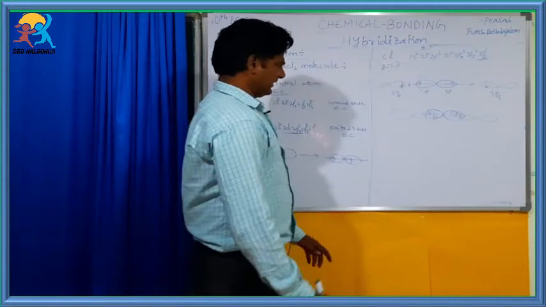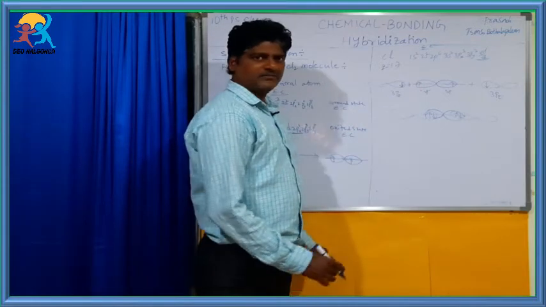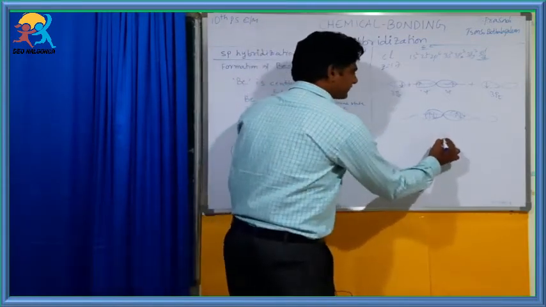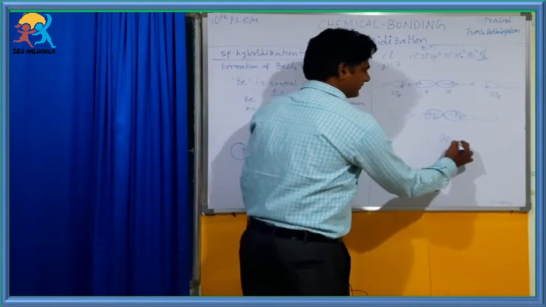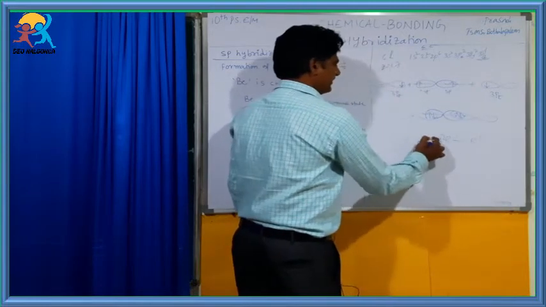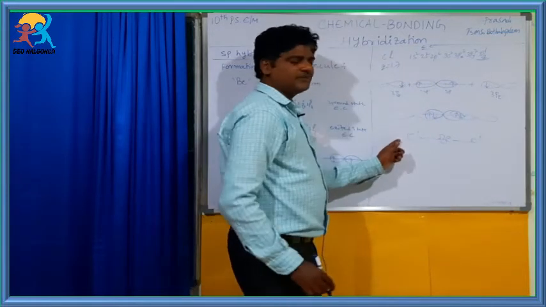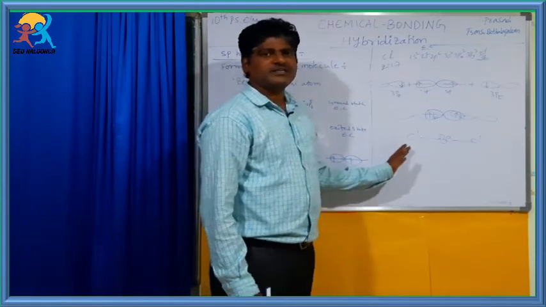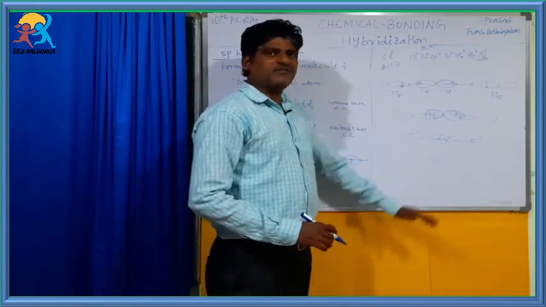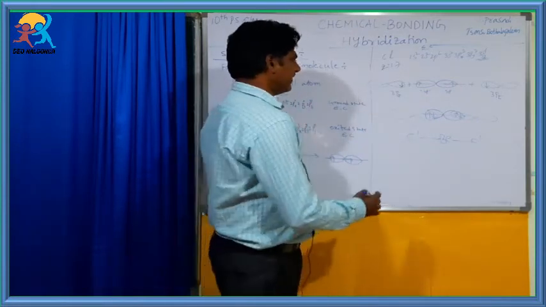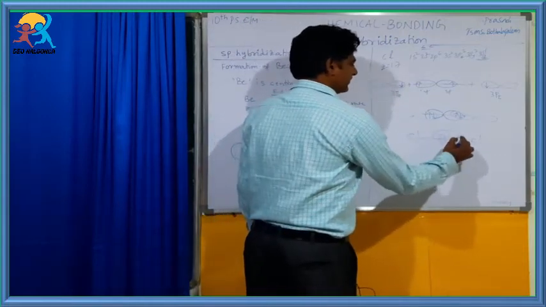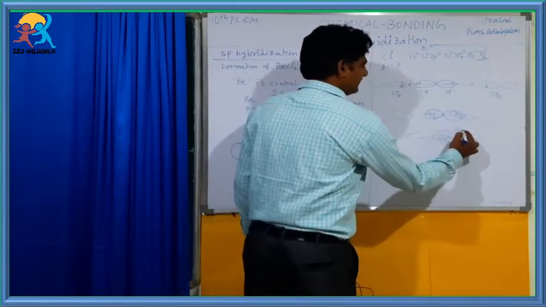In this diagram, what is the central atom? Beryllium. It is bonded with the 3pz of one chlorine and with the 3pz of the other chlorine atom. So this is the structure of beryllium dichloride. What is the bond angle between the two bonds? 180 degrees.